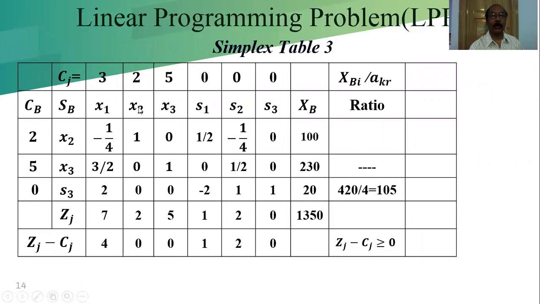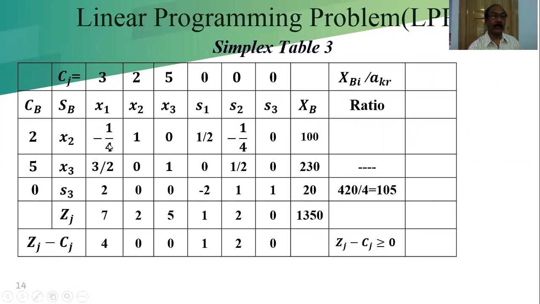This is our new table after the calculation. So S1 is replaced by X2. Coefficient of X2 is 2, that is in the CB. So 250, X2, X3 and S3. From that we calculate first the Zj by using the multiplication formula.